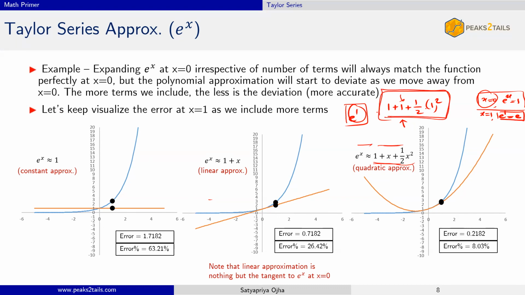I can approximate the change in the function. See, if you can approximate the new function value, you can approximate the change. Change is just the difference. It will work as long as x is close to 0, because my function was expanded at x equal to 0. So as long as the new x is close to 0, this is fine.